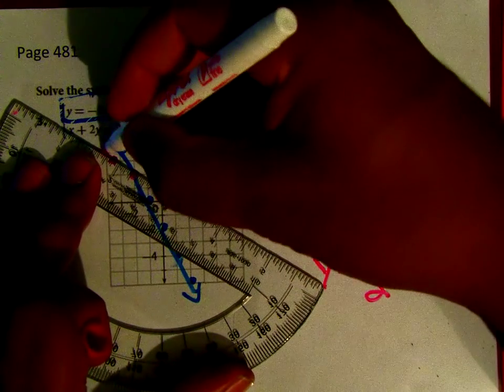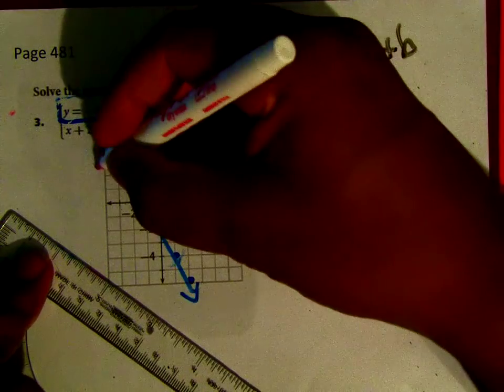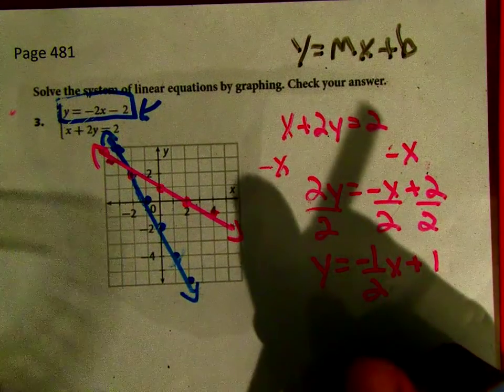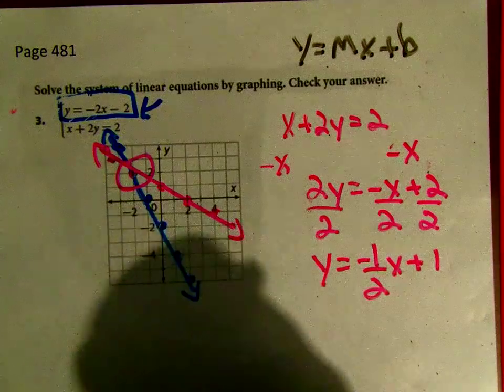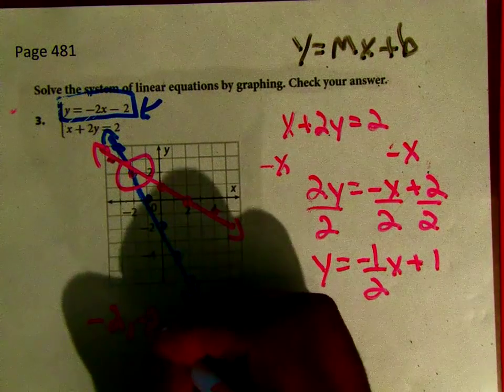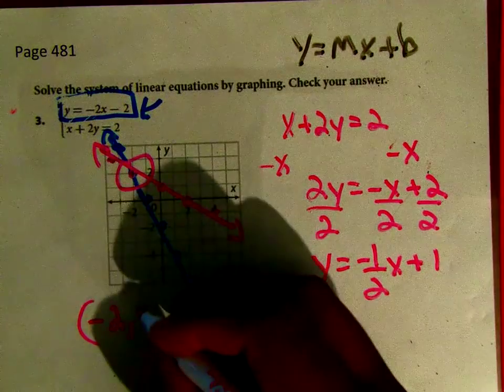And then I graph this line. The solution of the system is where the two lines cross, and they cross right here at this point. That's going to be -2, 2.